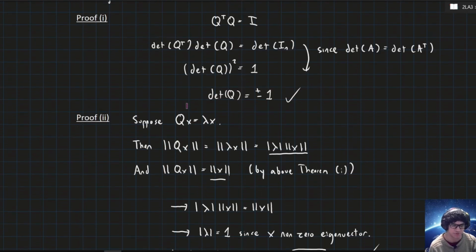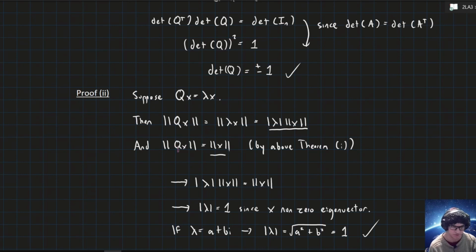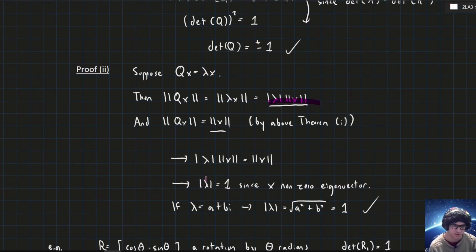Orthogonal matrices preserve the length. So we know that this is just directly equal to this. So we have two different expressions for the length of Qx. That means this and this have to be equal. So I set them to be equal.